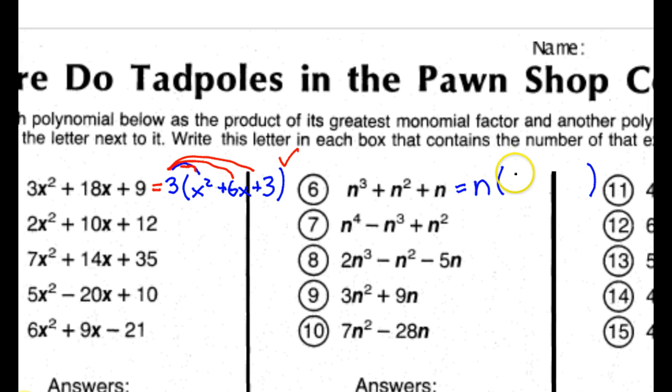And then again, work backwards, divide. This is what you guys did yesterday. So n times what is n to the third? n squared. Remember to add the exponents. This is like a 1, so that would make 3. n to the what times n is n to the second? And n to the what? 0, or nothing. n times 1 is n.